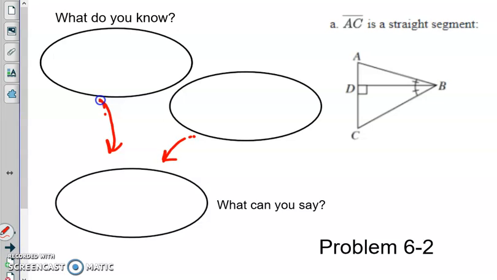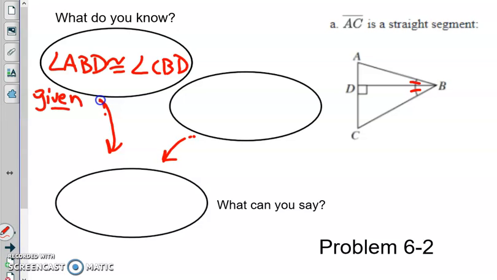All right, so hopefully you indicated that angle ABD is congruent to angle CBD. Those are the two angles up here at B, and that's given to us. On the outside, we're always going to give the justification of why we're able to say this. Sometimes the justification is simply that it's given.